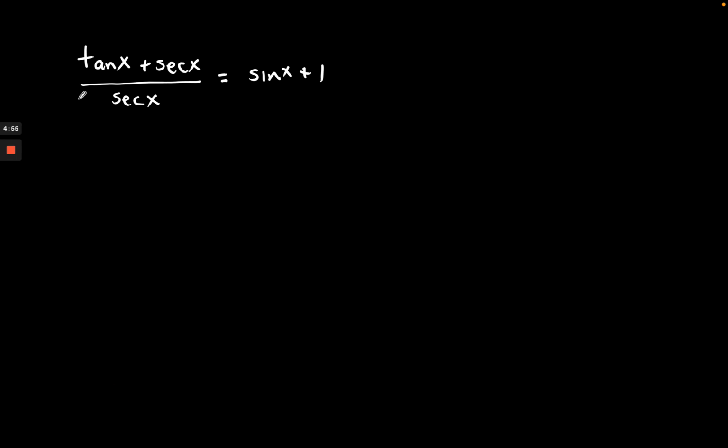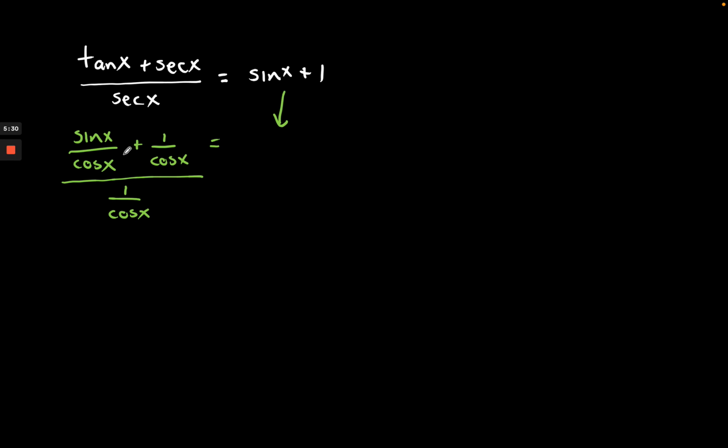To me, the left side looks more complicated. So let's change the tangent to sine x over cosine x, and let's change the secant to 1 over cosine x. We'll just keep going with it this way. And then here we have 1 over cosine x down there, leaving this side alone.